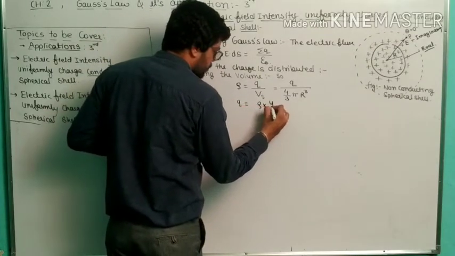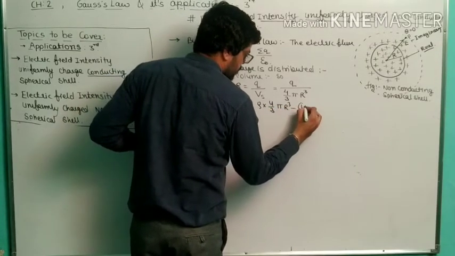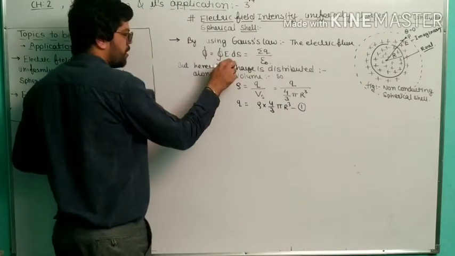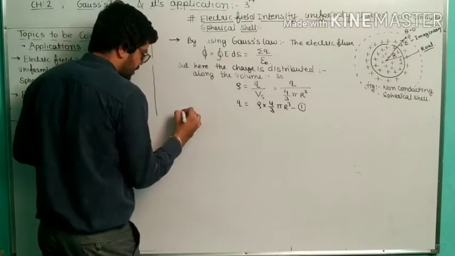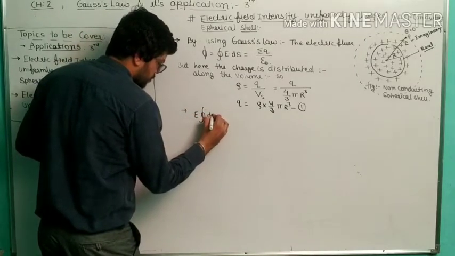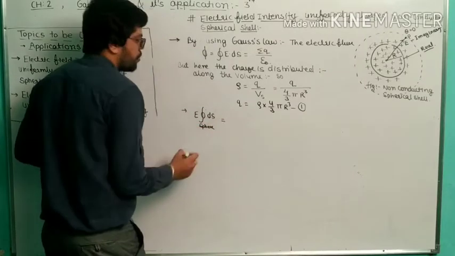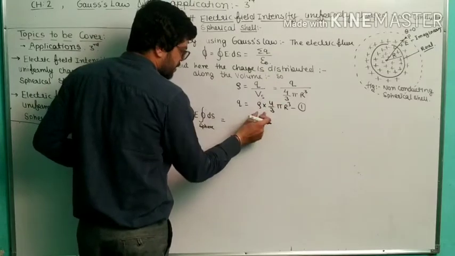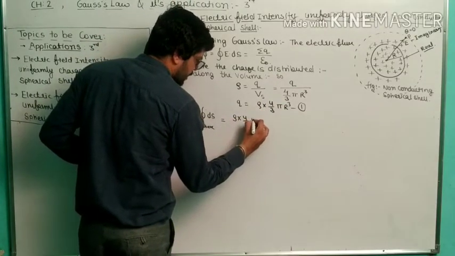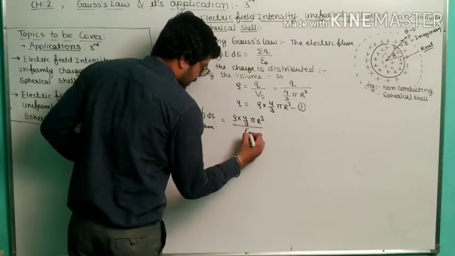Rho into 4 by 3 pi R cube, equation number 1. Now from this particular property, the statement of Gauss law, E dot ds outside. Now Q is replaced by rho into 4 by 3 pi R cube, and divided by epsilon naught.